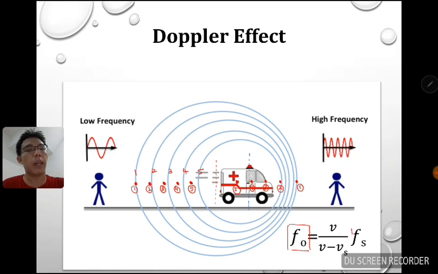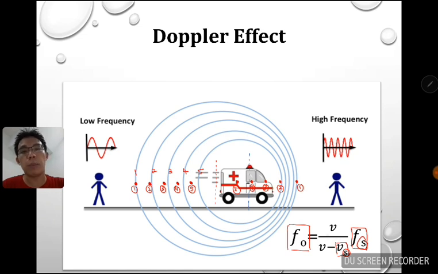And then we have the fs here. This is the source frequency. Source frequency means the sound frequency coming from the ambulance originally. We call it the original frequency or the source frequency, the initial one. Then we have the v here. Let's talk about the vs first. The s here stands for the source, so vs is the speed of the source.